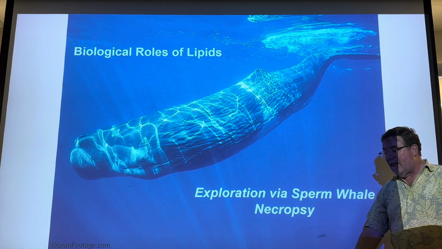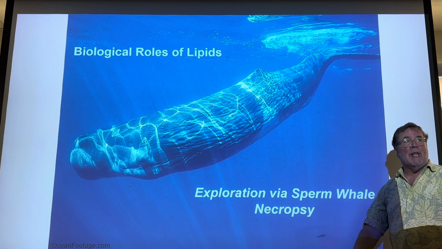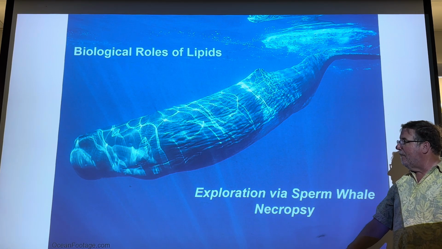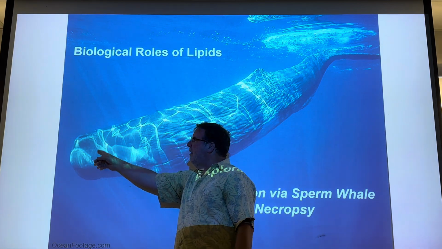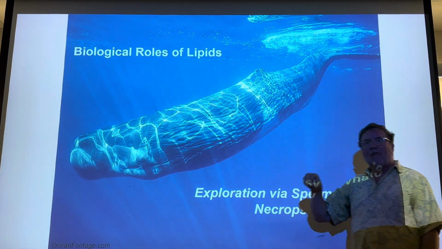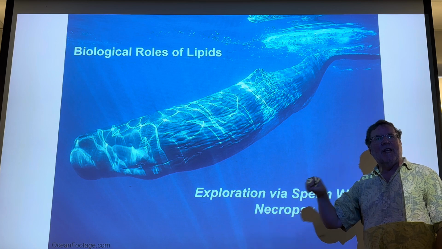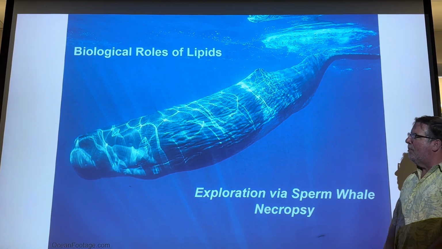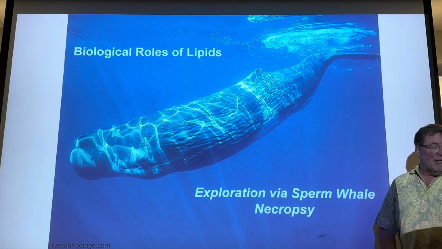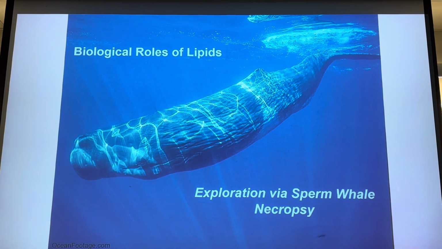And then they feed on these giant squid. There's no light down at 2,000 to 5,000 feet. So they have this complex sensory organ in their nose that uses sonar to basically echolocate their prey, and then they eat their prey, and then they come back up. Anyway, they're pretty cool organisms.